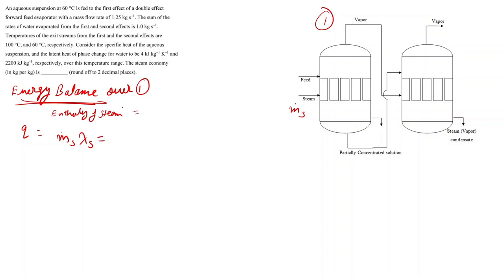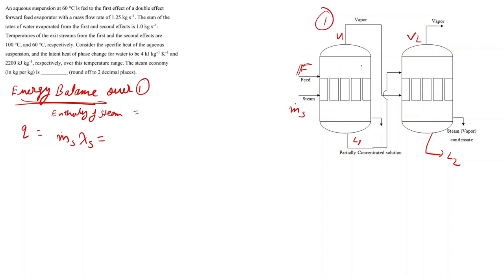Basically, the steam will be used to change the temperature of the feed. This will be liquid, and if this is F, this is L1, V1, V2, and L2, the temperature of this liquid stream F will be changed.